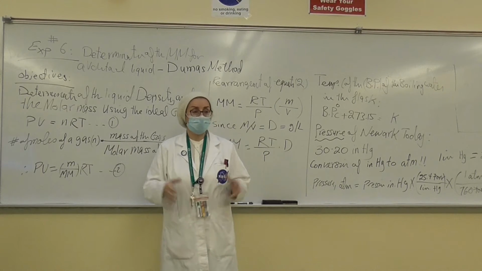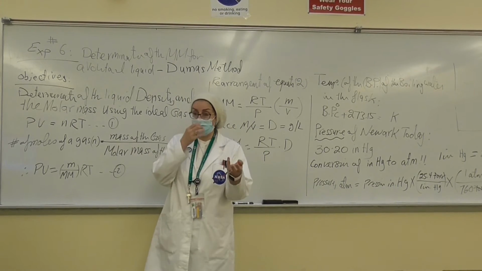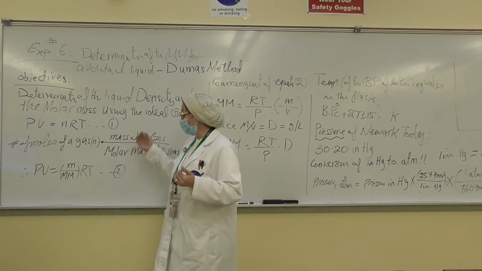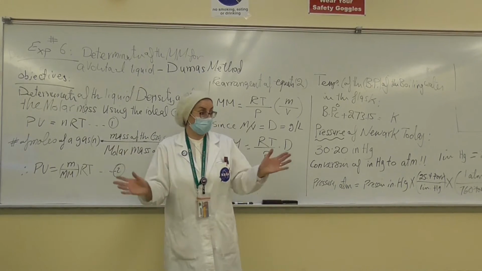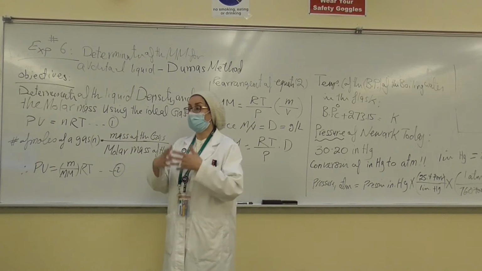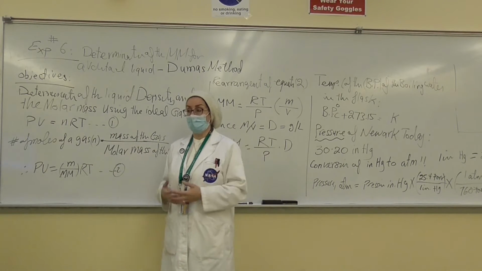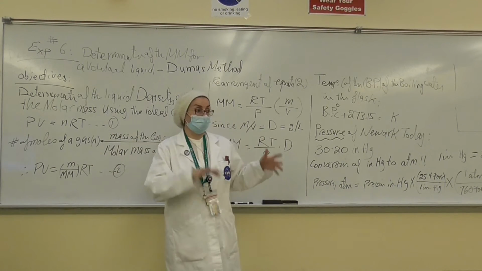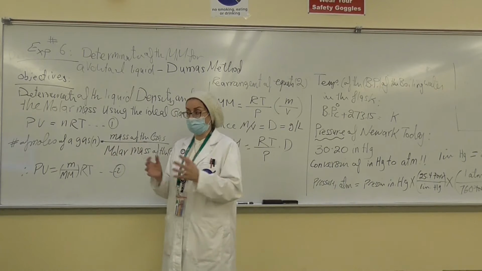If we have one element, it is the atomic mass of that element. If we have a compound, then it is the molecular mass of that compound or substance.